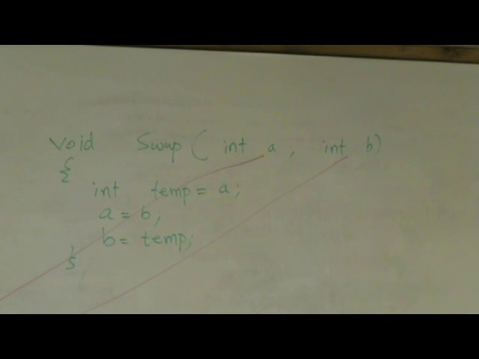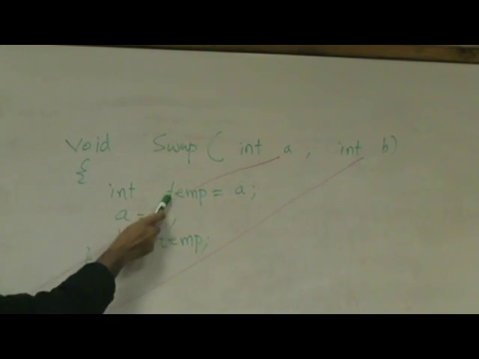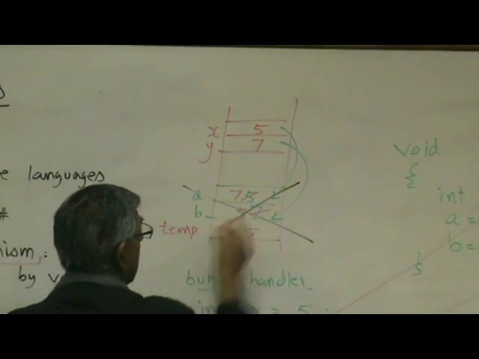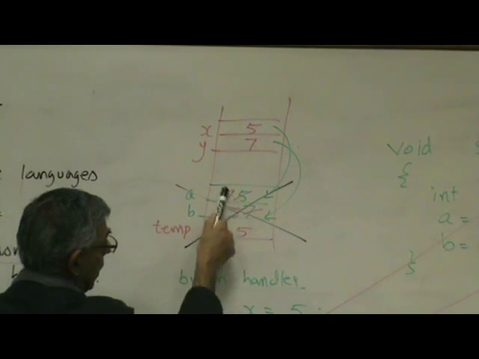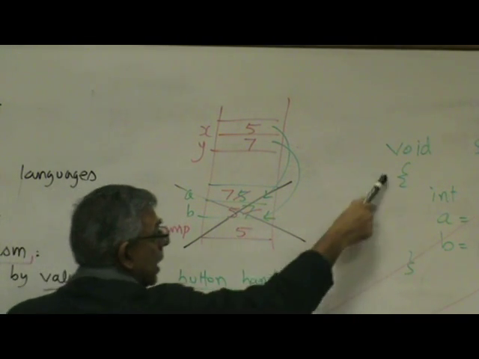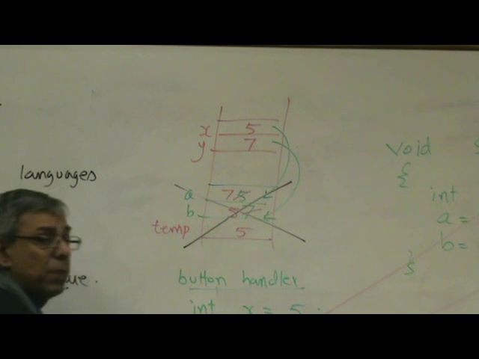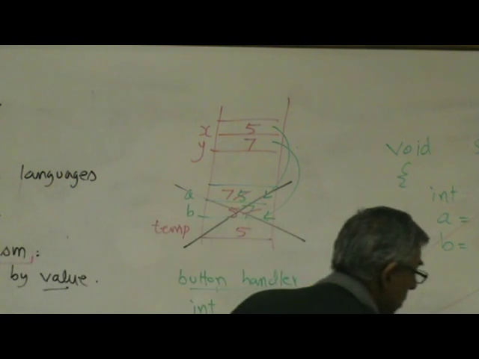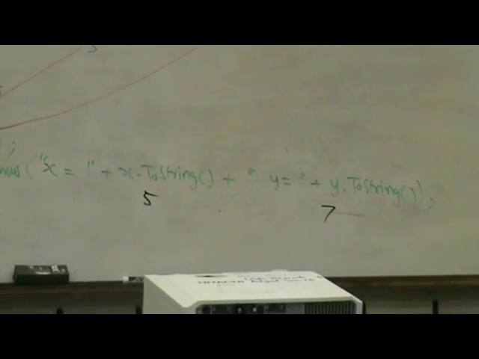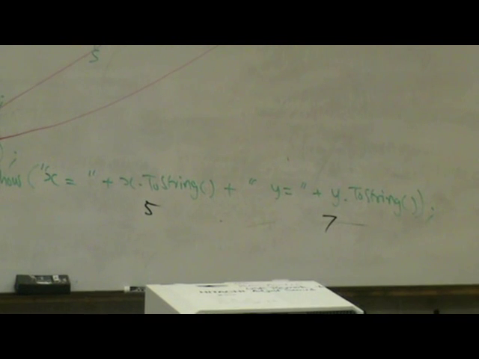The local variable was temp, A and B were the parameters, and all of this is destroyed. Even though we did exchange A and B to 7 and 5, as soon as the method ended, we lost this memory. Now if we go to the calling code, what will we find X and Y to be? Still 5 and 7.